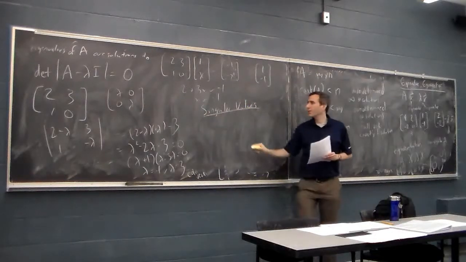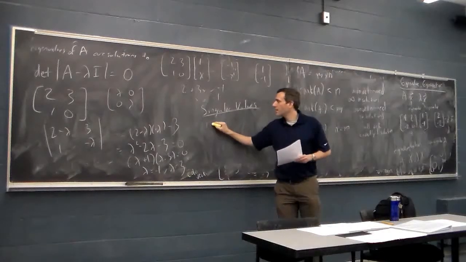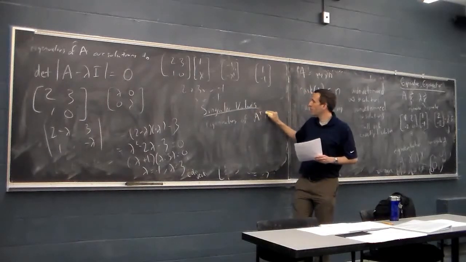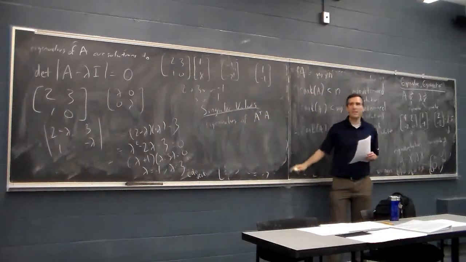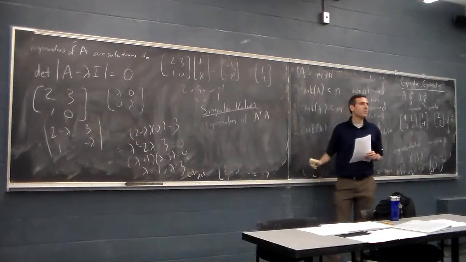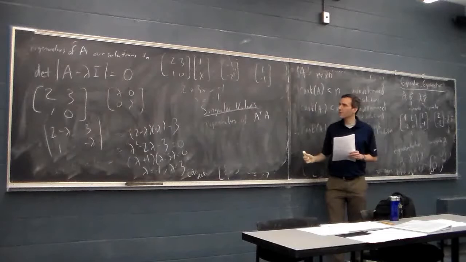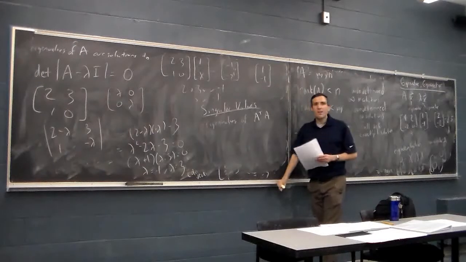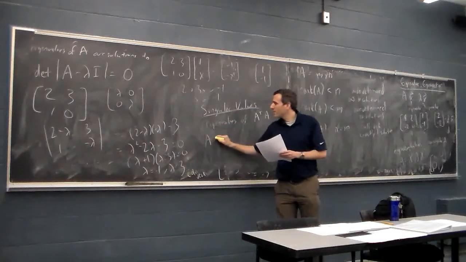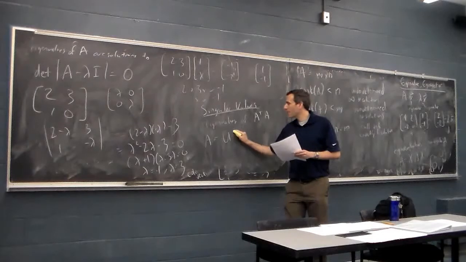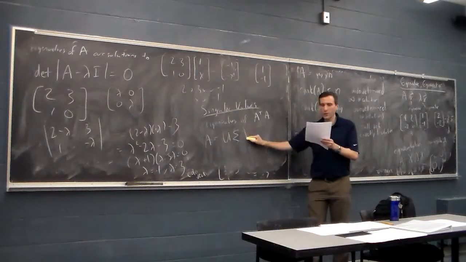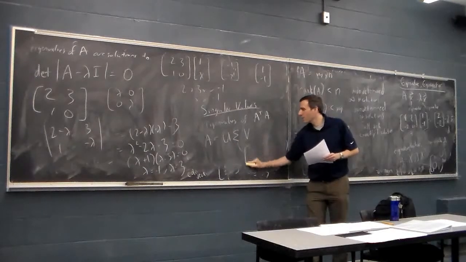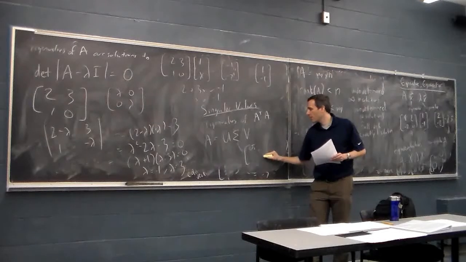So singular values of A are simply the square roots of eigenvalues of A transpose A. So take any matrix A, take A transpose times A, that's going to give you a square matrix, find the eigenvalues of that, and those are known as the singular values of A. One of the reasons this is useful is that for any matrix we can get a singular value decomposition, A equals U times sigma times V, where sigma is a diagonal matrix of the singular values.